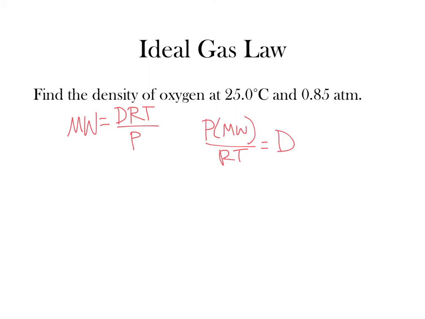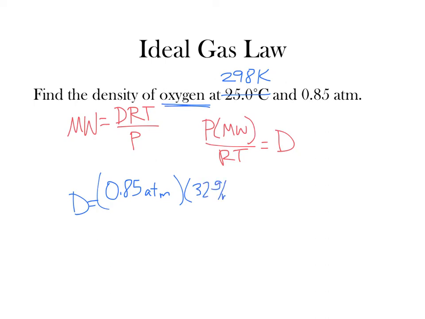I'm just going to plug the numbers in directly as I see them, except make sure your units match like they should. Let's see, pressure is 0.85 atmospheres. Molar weight, since it's oxygen, O2, is 32 grams per mole. R is 0.0821 L·atm/(mol·K).